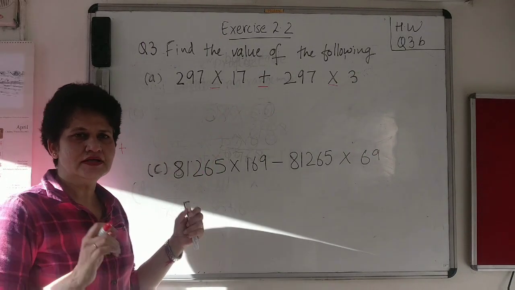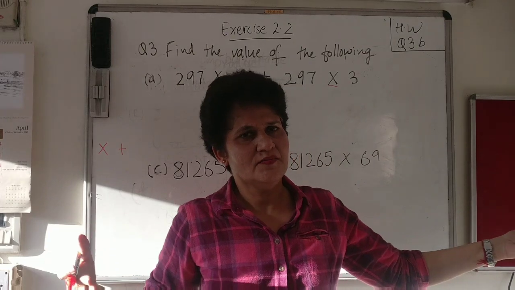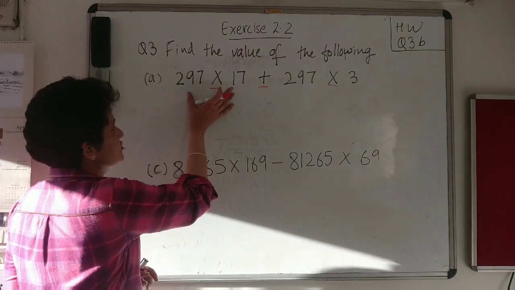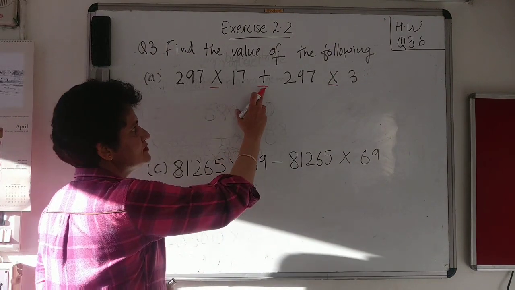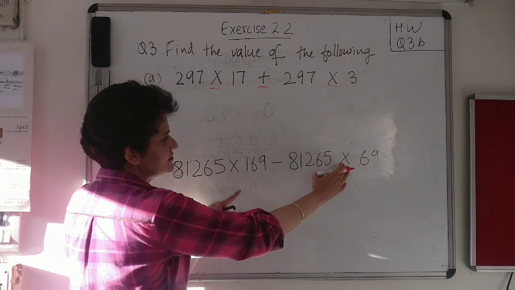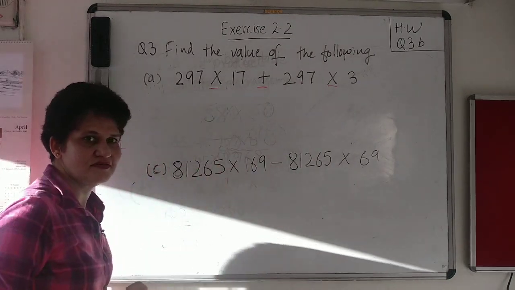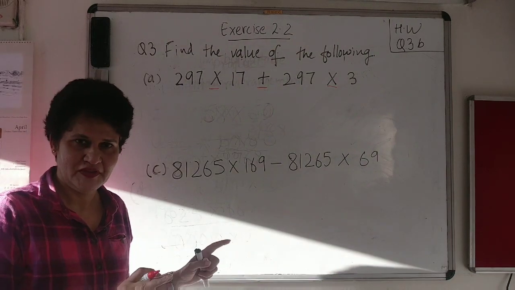Here clearly the plus sign or the minus sign will separate the numbers which are multiplying with each other. These are the two numbers you're multiplying together, and the separator will be plus. Or in this question, the multiplication signs are there, and the separator is minus here. So this is how you will know that this is a question of distributive property. Fine.